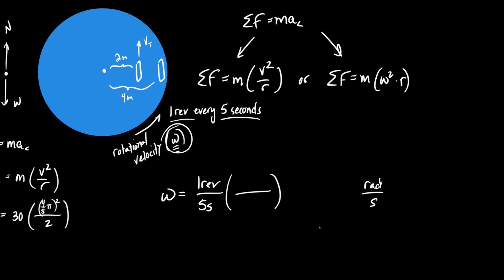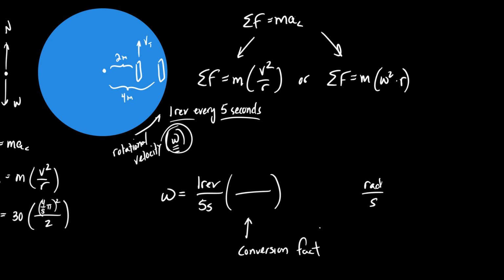And the fraction is going to be your conversion fact. You put a conversion fact here. But you have to put it in there correctly. I'm looking at the fact that I want to convert revolutions to radians. So the first thing I notice is that revolutions is in the top of the fraction.